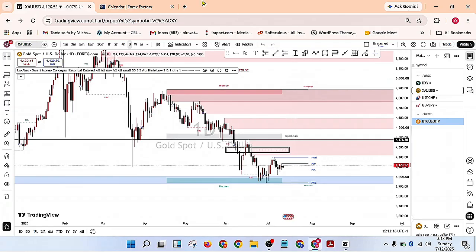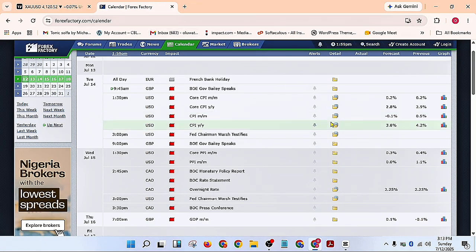As you all know, anytime we want to start our weekly outlook, there are two very important steps that we must not joke with. Firstly, we need to go to Forex Factory to see all the news that we have for this week.